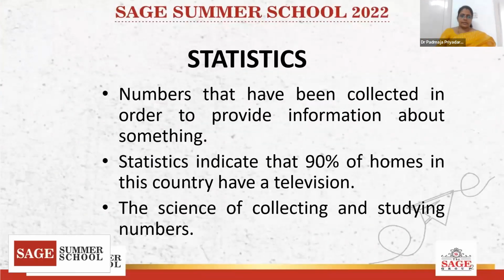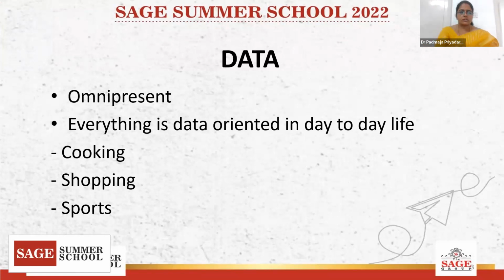Okay, now a small introduction. We have numbers everywhere. We can easily say 90% of the country has television. Statistics deals with numbers, and data is there everywhere surrounding us, so it is omnipresent. For a simple example, we have data in cooking.